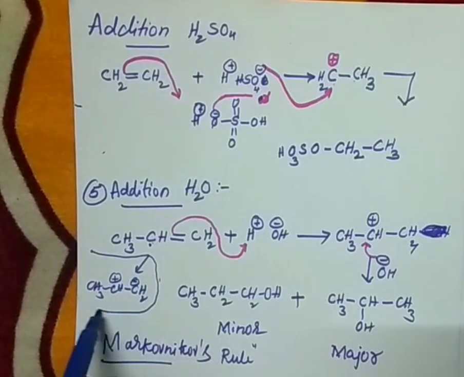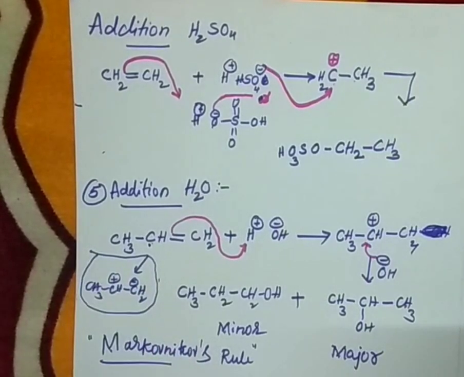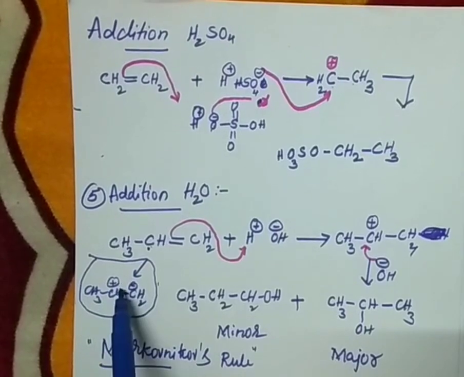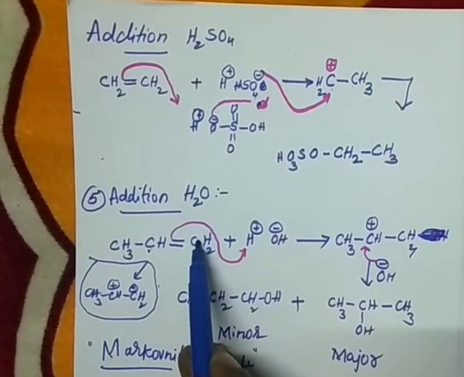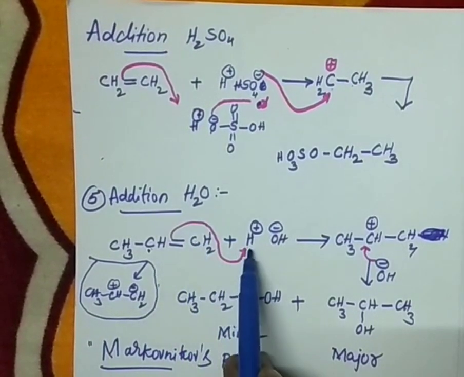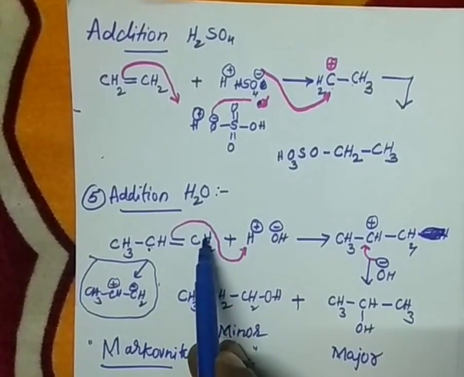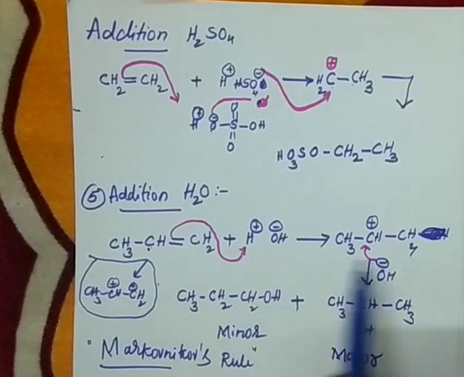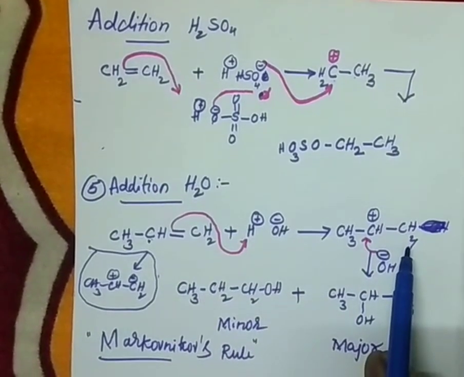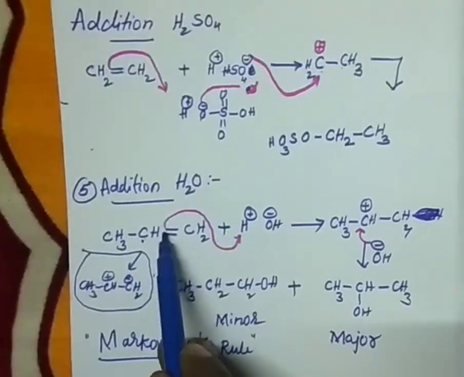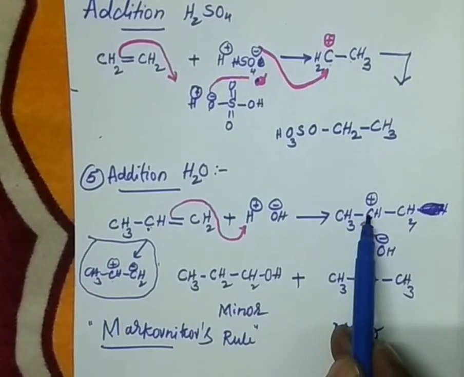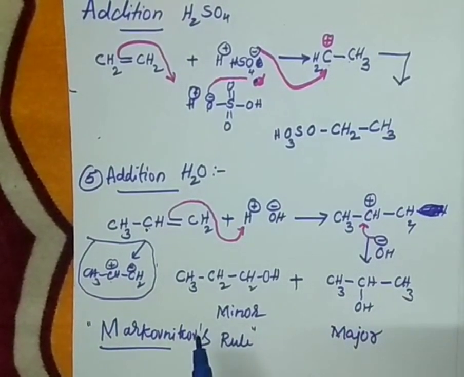No need to write and don't make it lengthy. Right? So just keep it in your mind. Now when these electrons have been taken up by this carbon, this electrophile is added. Therefore, this CH2 will become CH3 by addition of this hydrogen. Okay? And now, as this carbon loses the electron, it gains the positive charge, carbocation.